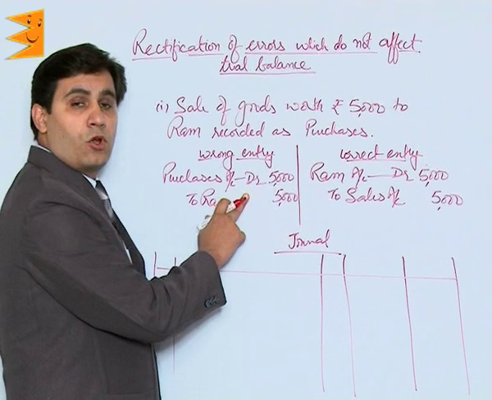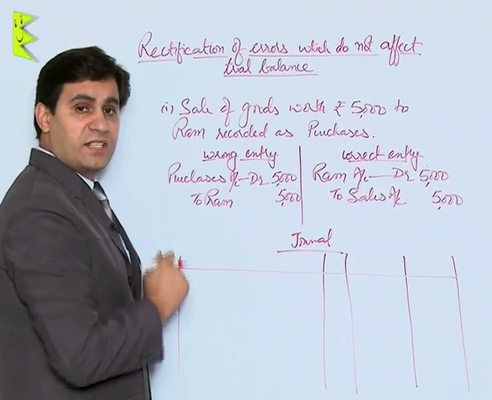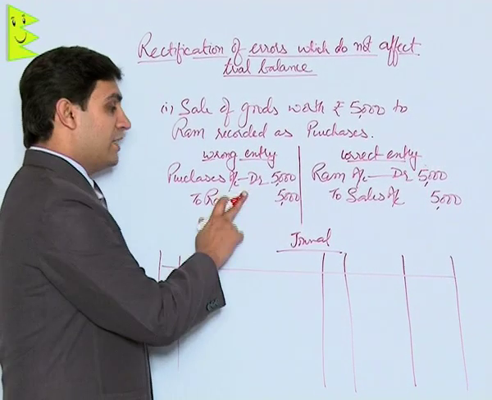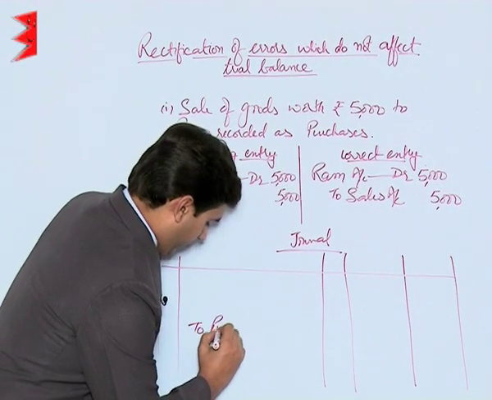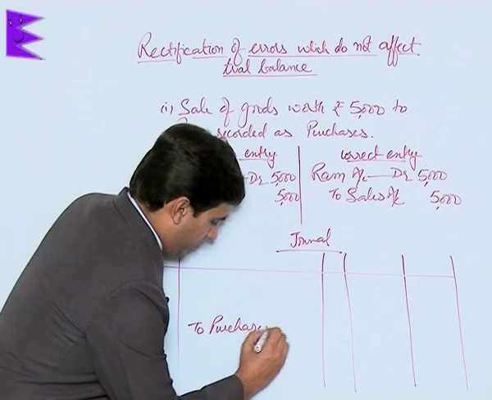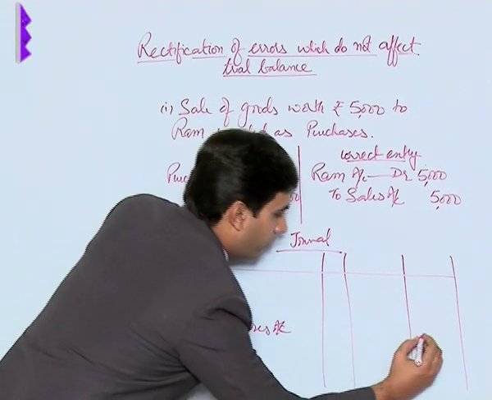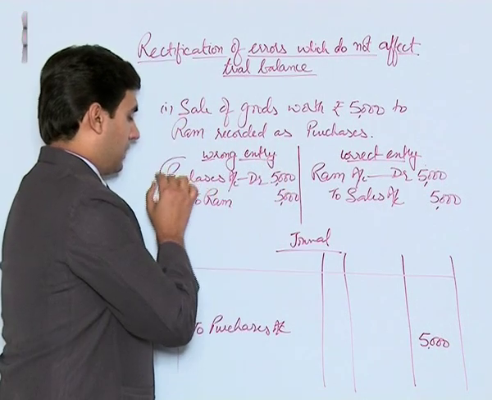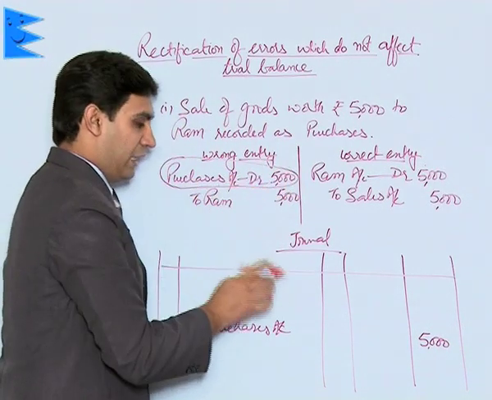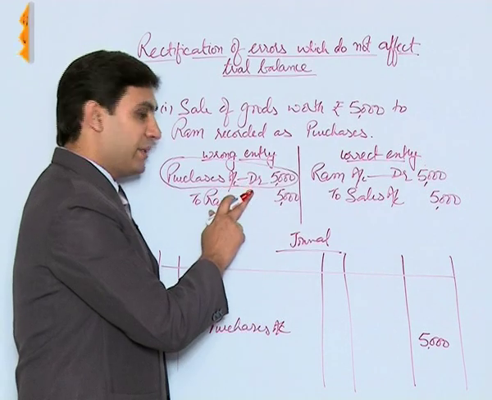Purchases account has been wrongly debited. Since it has been debited, this effect should be cancelled. We must credit the purchases account, to purchases account 5,000 rupees. So now this wrong effect has been rectified, as this was debited earlier.